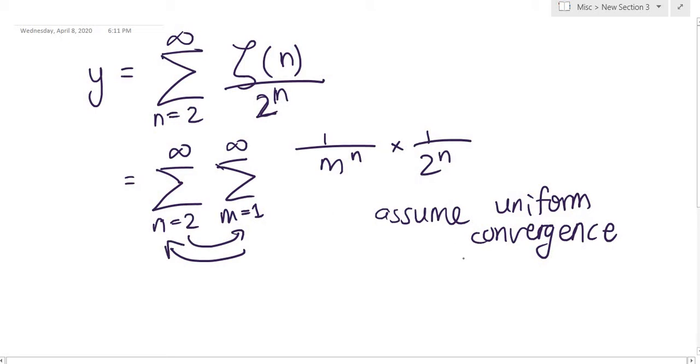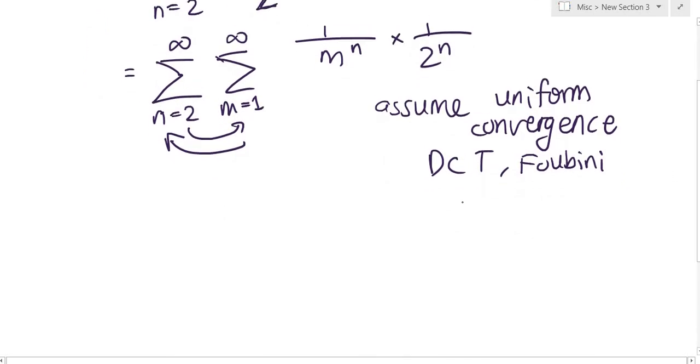I mean, as I explained in a previous video, we have to check for the dominated convergence theorem or Fubini-Tonelli. It depends, and it's quite beyond the scope of my knowledge and the scope of this video. So let's just assume uniform convergence and change the order of these sums.